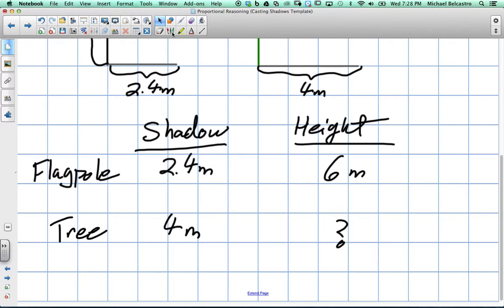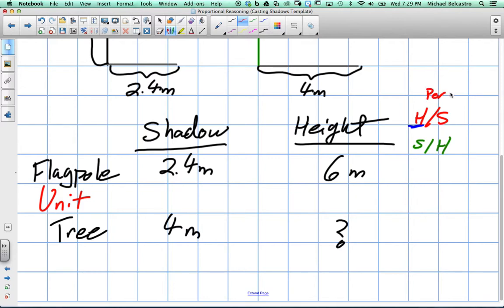Now our unit rate, I'll call this our unit rate. There are essentially 2 unit rates we can do. We can do height, and a lot of times I use the word per. So we could do height over shadow, or technically we could do the shadow over height. And sometimes this is described when there's ratio relationships, that the line here usually means per, and per means 1.